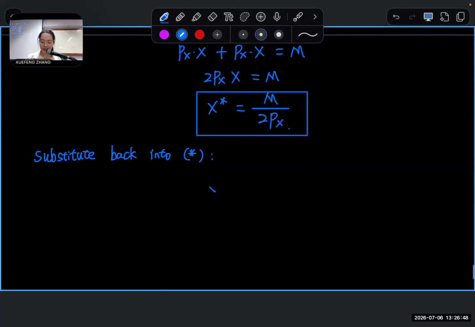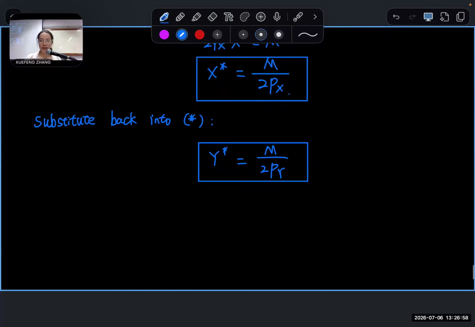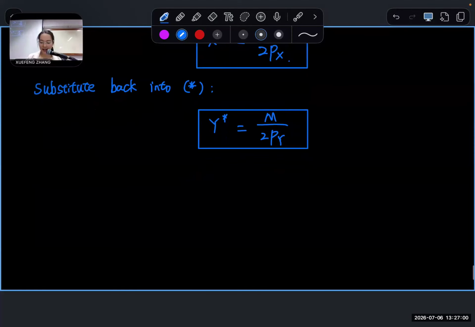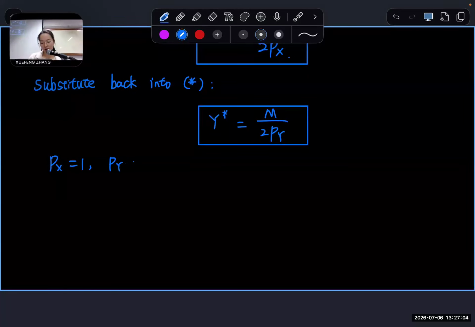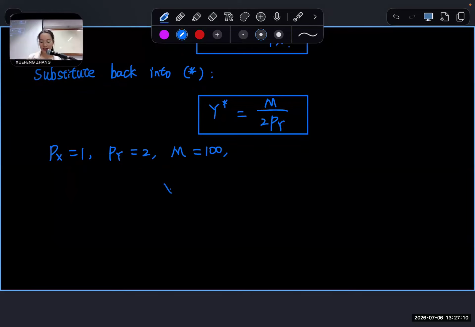We will get y star equals m over 2Py. And then we plug in numbers, the same as before: Px equals 1, Py equals 2, income equals 100. So x star equals 50, y star equals 25.